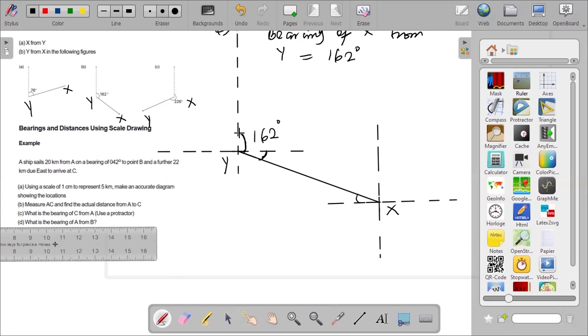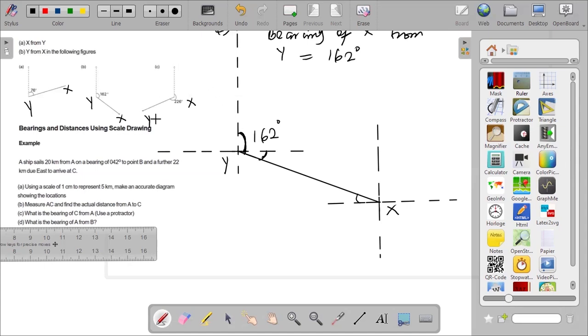If from here to here is 162 degrees, and we know that this straight line here is 180 degrees, what would be this small angle here? Another way to put that, this horizontal line represented by the broken line here, with this vertical line, is 90 degrees.